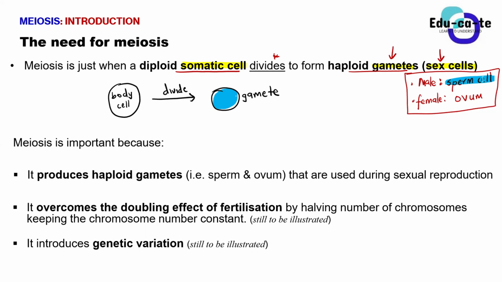So, sir, if they ask for the importance of meiosis, if I only write those bold sentences, am I still correct? Okay, state them. There are many bold sentences here.